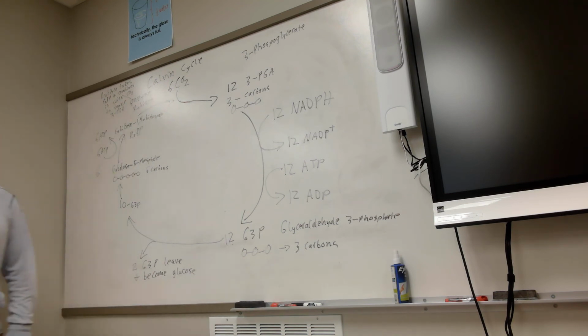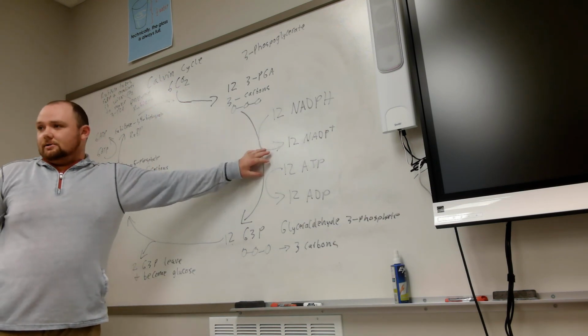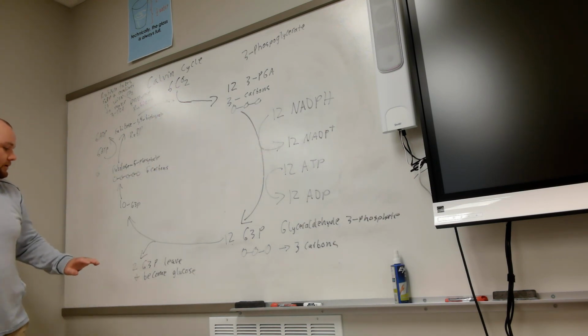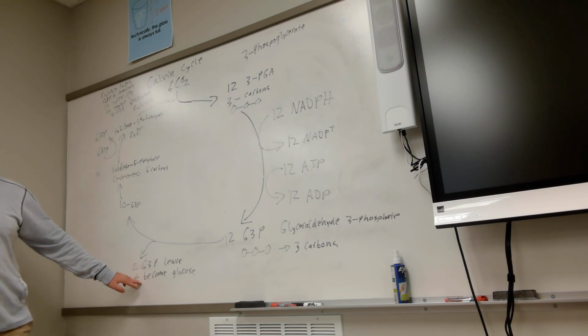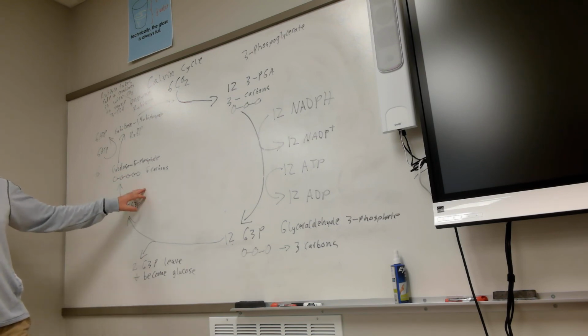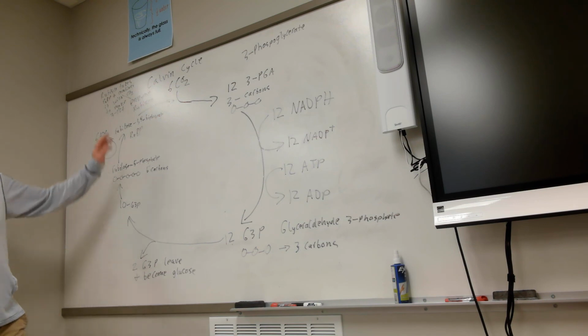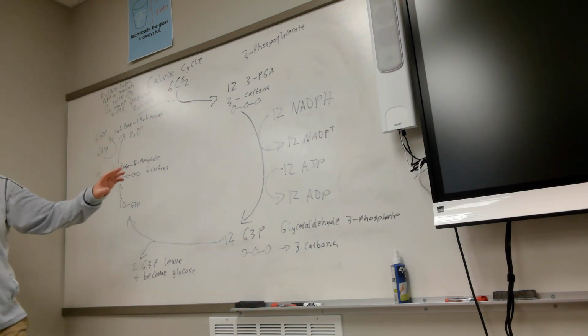Okay, so basically all this really says is that we're taking CO2 and through a long process, we're going to use energy to produce glucose, and then some other carbons will be recycled so that the process continues to go.